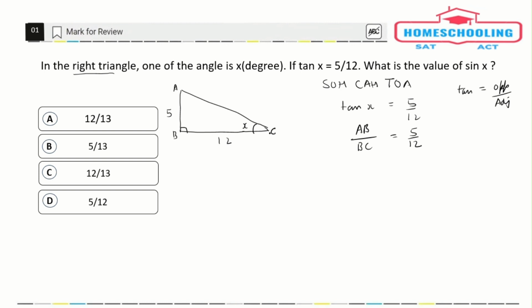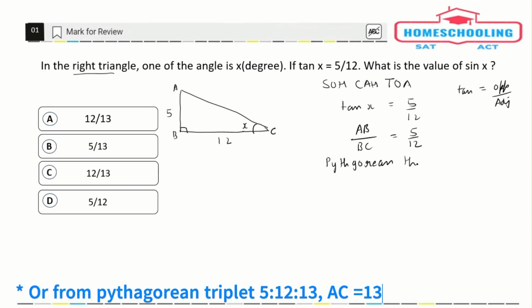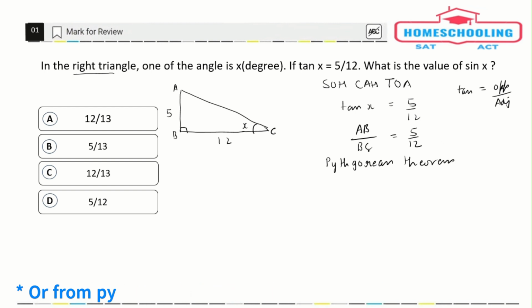This is a right triangle, so by using the Pythagorean theorem, we can say that AC square is equal to AB square plus BC square.